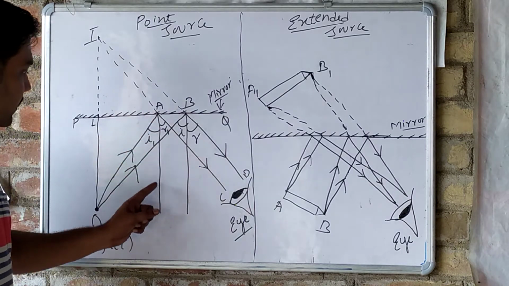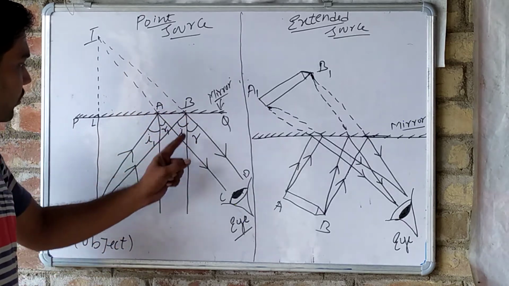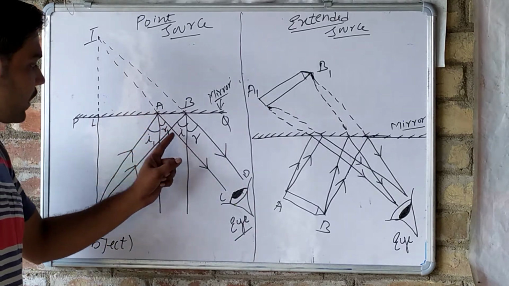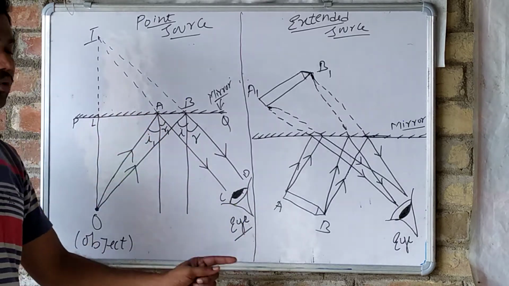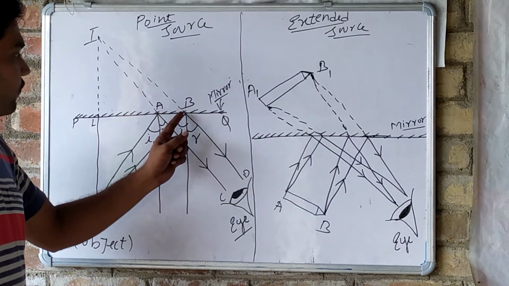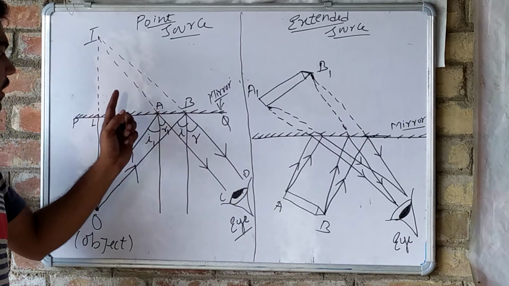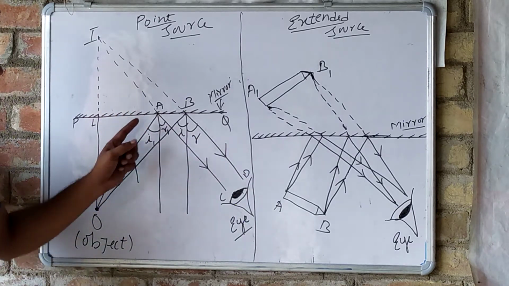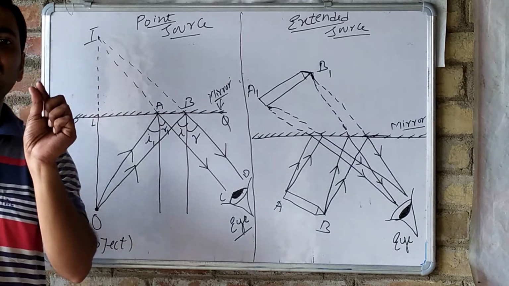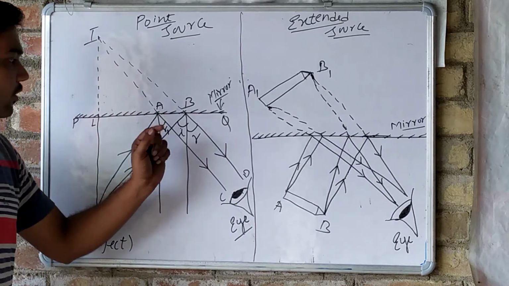See here, this is the normal I have drawn, in both cases A and B. As soon as the ray strikes the plane mirror, a reflected ray will pass through, from A to C and from B to D. This plane mirror will reflect the rays OA and OB coming from object O, which is a point source, a tiny dot.